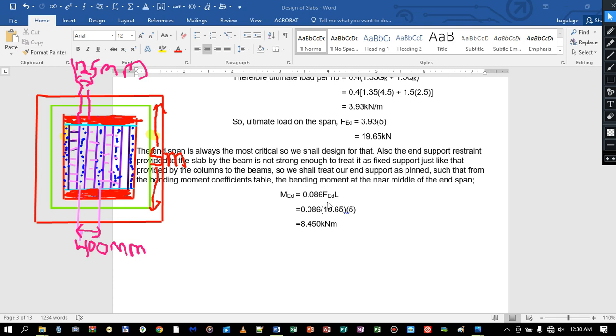The mid-end span carries the greatest sagging moment, so we shall design for that, for the bottom steel. And then for the top steel, we shall base on the hogging moment at the first interior support.